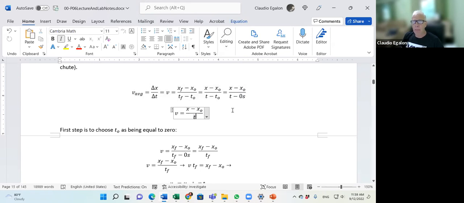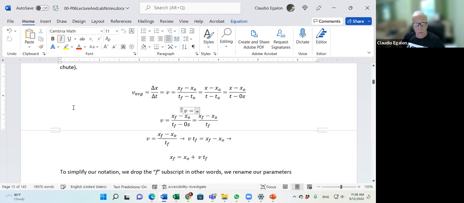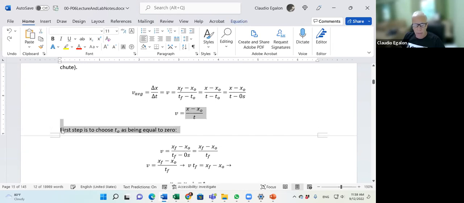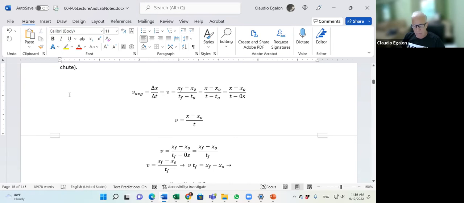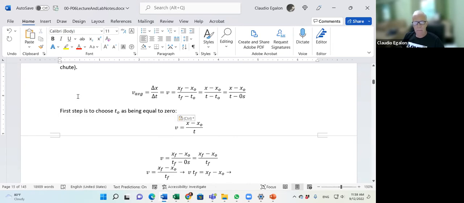What do we want to do? We want to write x in terms of the other parameters that you see right here. This one belongs right here, with t naught equal to 0.